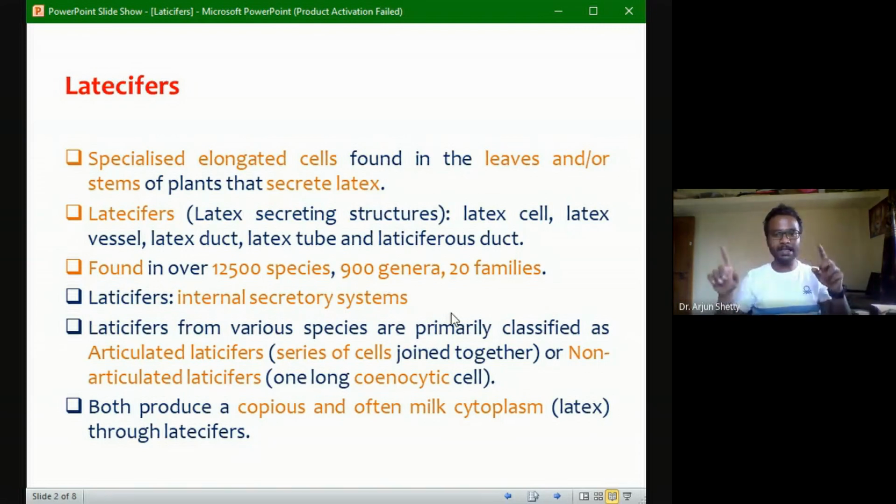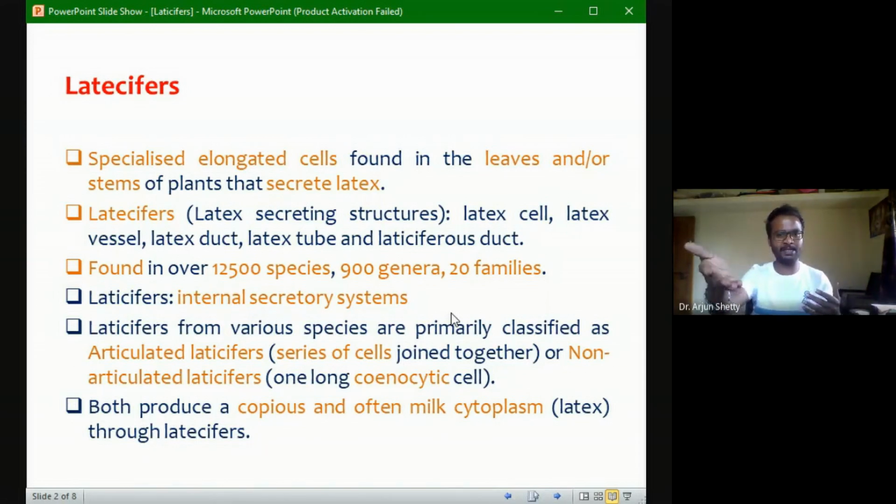Henceforth, broadly, all these together will be considered as laticifers, nothing but latex secreting structures. And usually, these laticifers are found in approximately, not accurate, I'm not giving the accurate number with the internet resources.